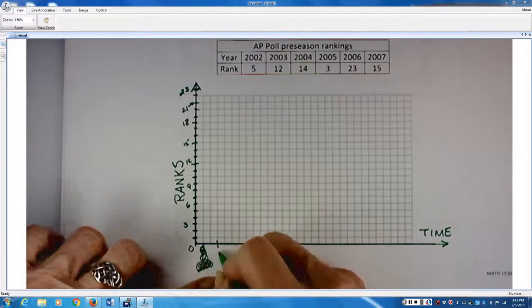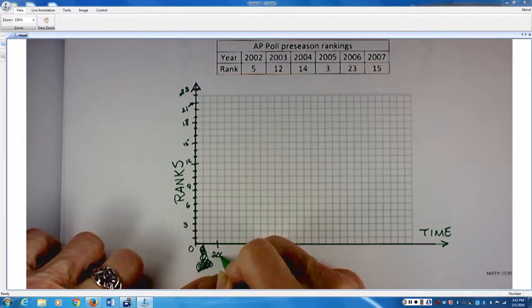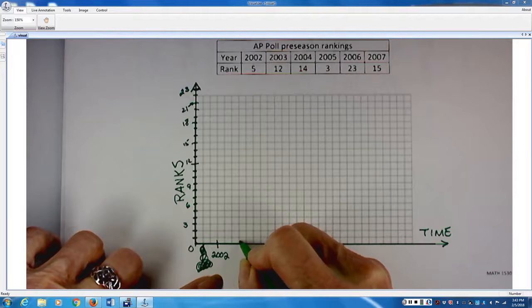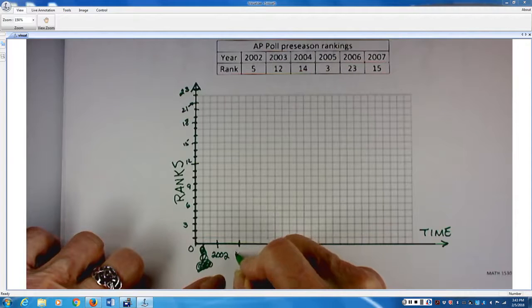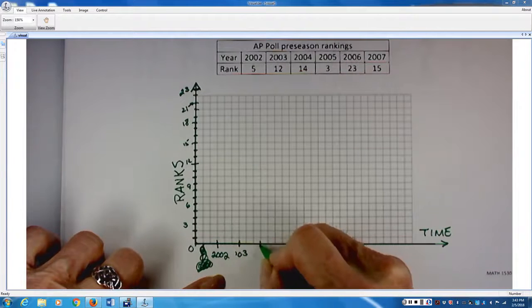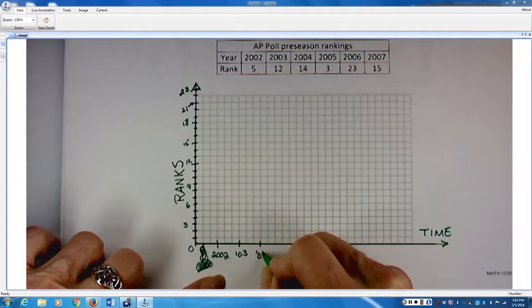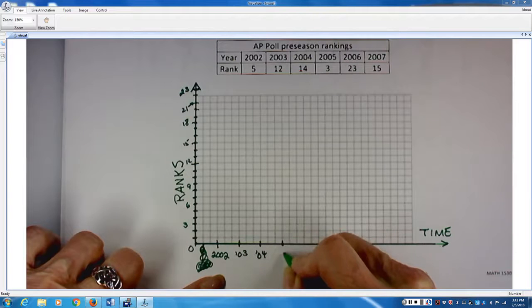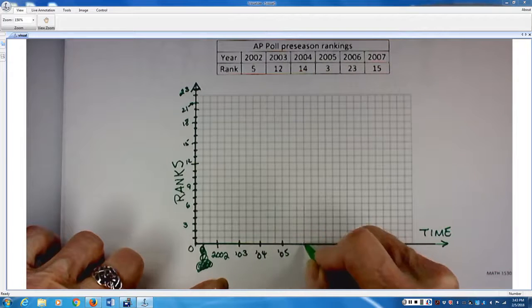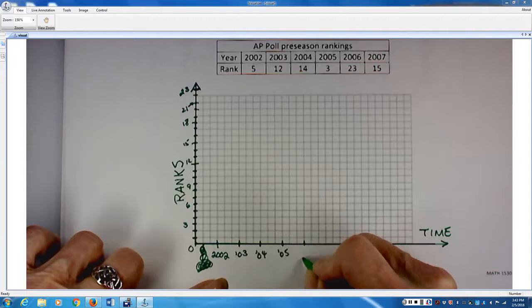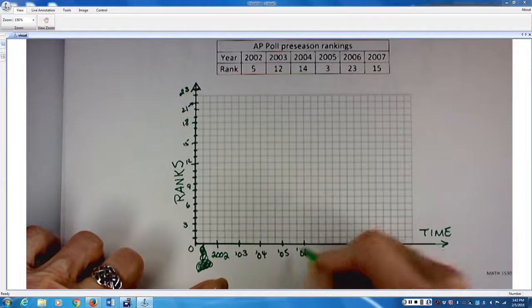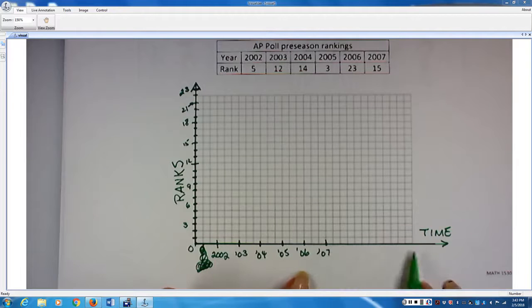This is going to be 2002. This is going to be 2003. This is going to be 2004 and 5 and 6 and 7. And I've left time that if I gather some more data, I could continue my rankings.